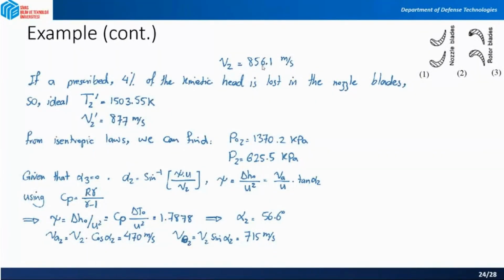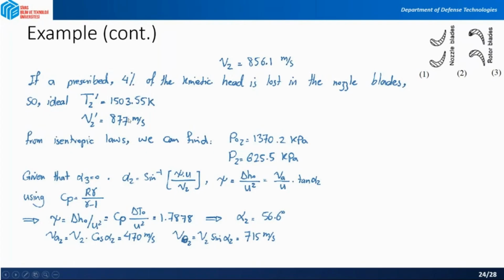If a prescribed 4% of the kinetic head is lost in the nozzle blades, because we said that the work coefficient of the nozzle is equal to 4%, the ideal T prime and V prime will be obtained like this. So how did we find this?